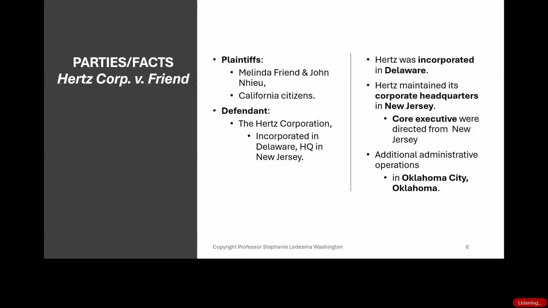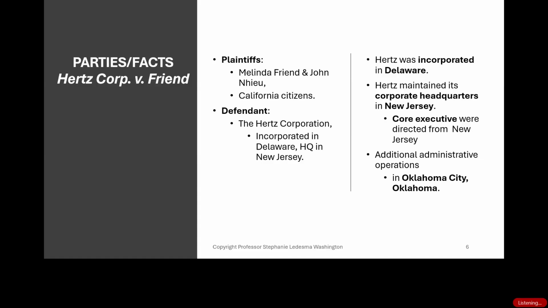But the total revenue nationally for Hertz is $4.37 billion. So the 811 million is roughly 19%. Okay. And then 3.8 million of 21 million annual transactions come out of California.